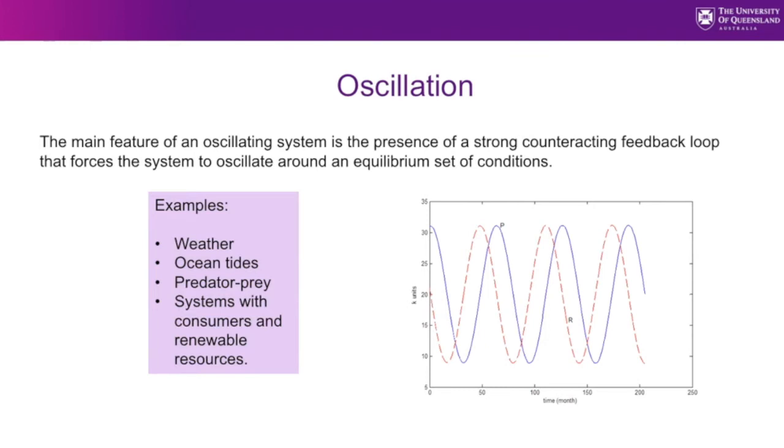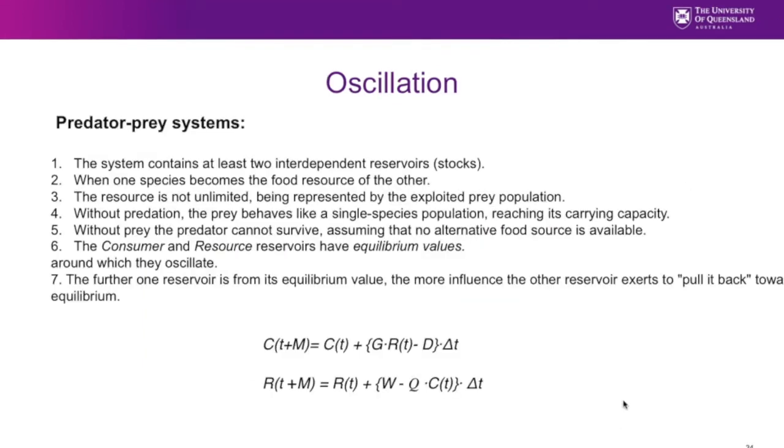So systems that have a renewable resource that can recover and that can allow the second stock to increase.